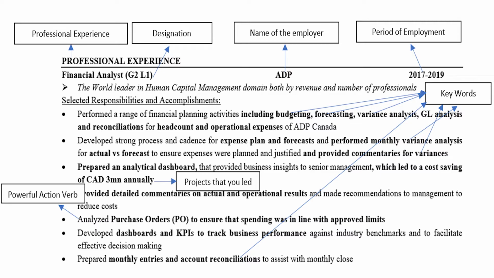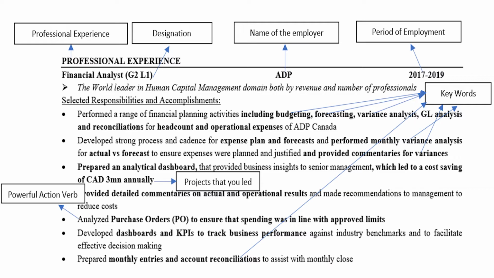Now this section would include your last designation, the name of your employer and the period of employment with each organization that you've been associated with. Please note that your resume has to be written in reverse chronological manner, meaning the most recent experience has to be listed first, followed by your prior experiences.